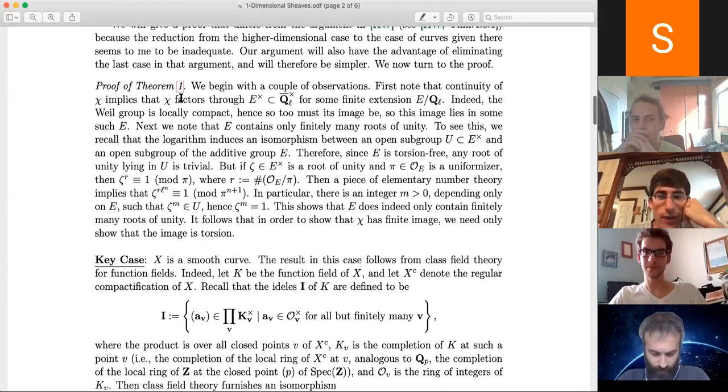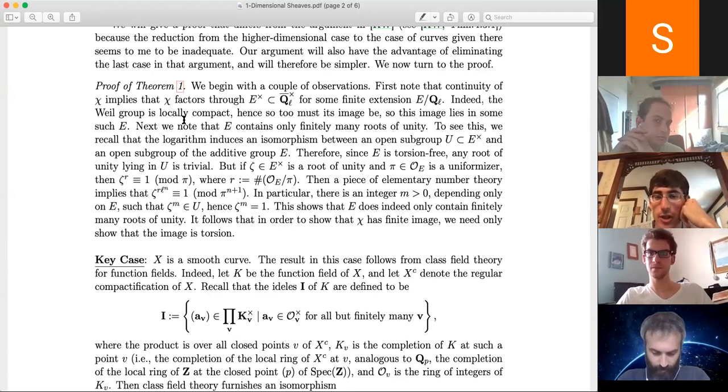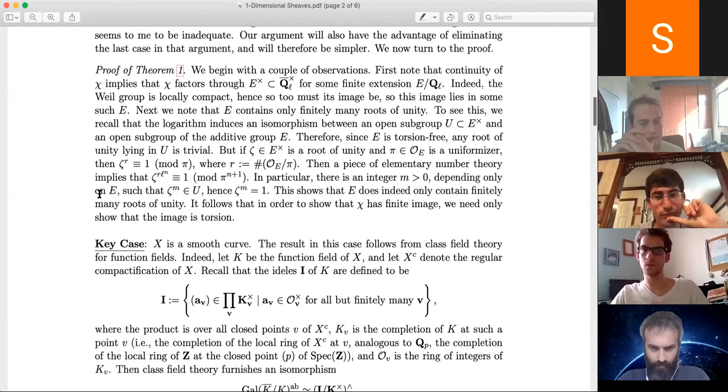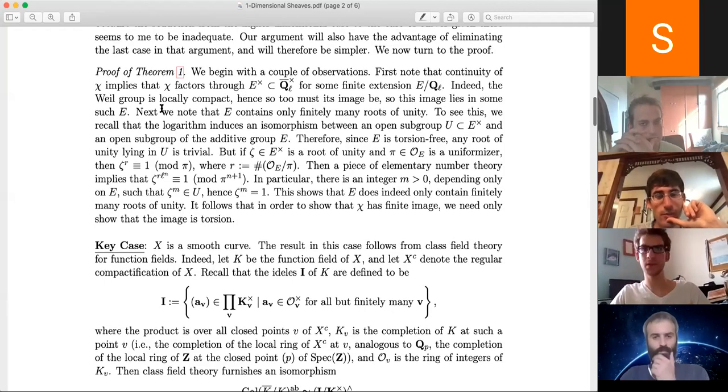That's because the Weil group is locally compact: it's an extension of Z by the geometric fundamental group, which is a compact group. So its image is also locally compact. And it's a fact that if you have a locally compact subgroup, then it actually lies in some such finite extension E, so it actually lives in some E cross.